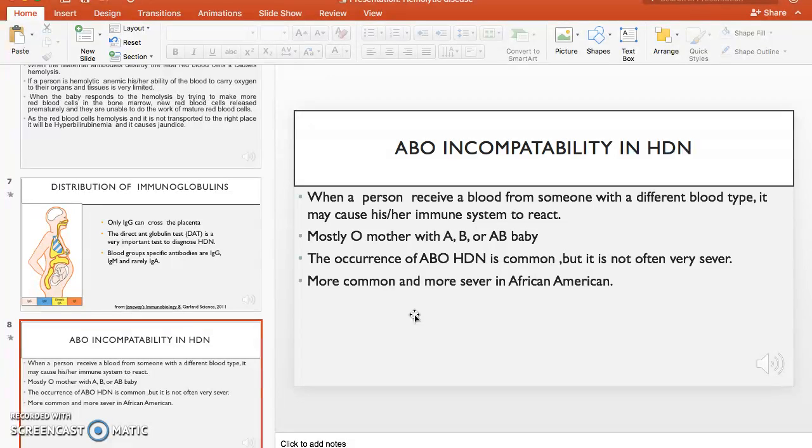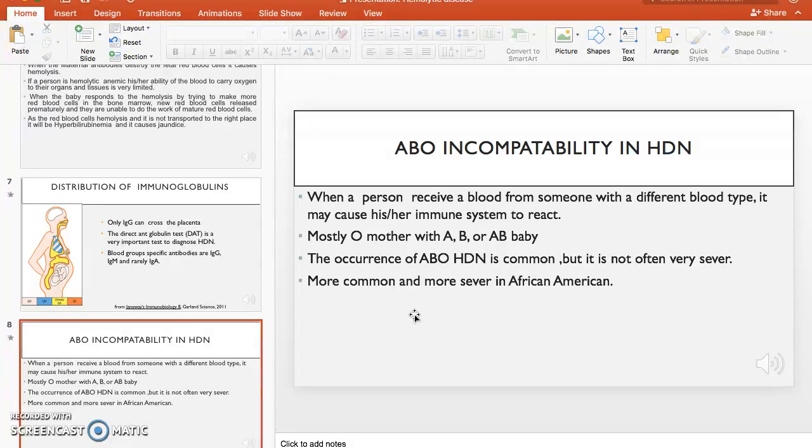When we look at its occurrence, ABO incompatibility hemolytic disease in the newborn is very common, but it is not very severe compared to the other two, like RH incompatibility or hemolytic disease in the newborn other than D, like anti-K or anti-Kell or Duffy or others.